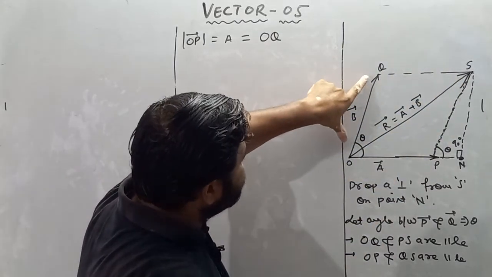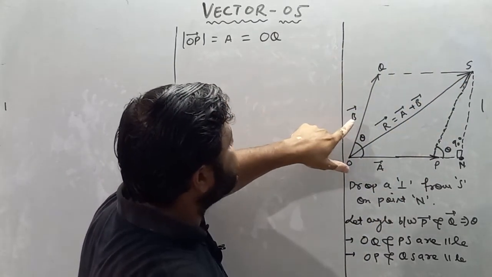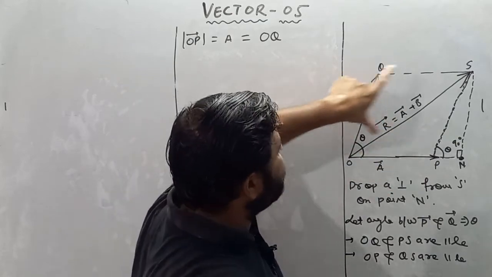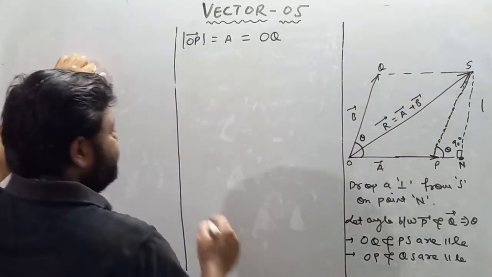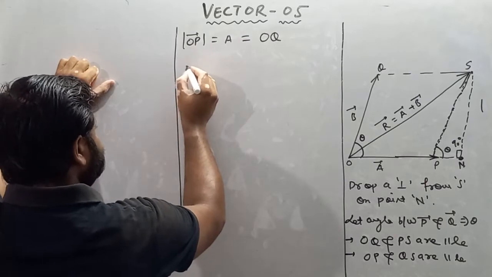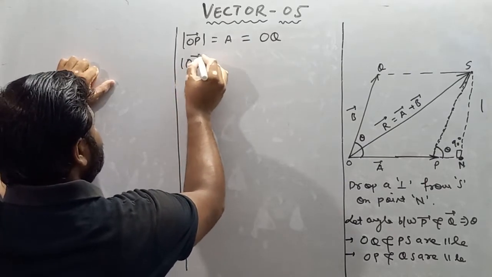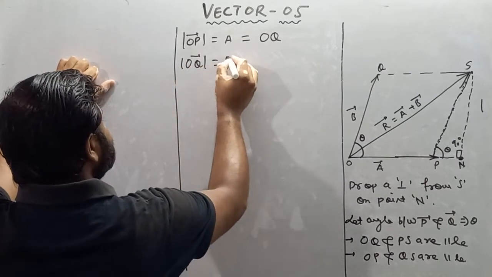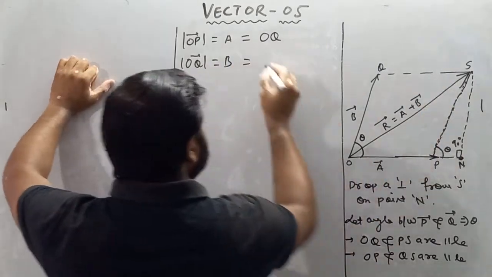So if the magnitude of OQ is B, then the magnitude of OQ is equal to B, which is equal to PS.